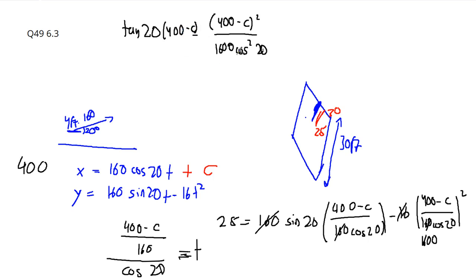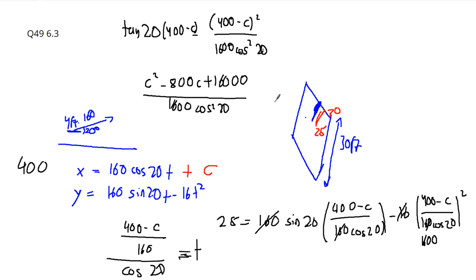So expand it all out. We'll have a really big number. I want to expand it all out, but I really don't, because this is going to be a mess. 400 minus c squared, so it'll be c squared minus 800c plus 160,000, and this is all under the 1600 cosine squared 20.